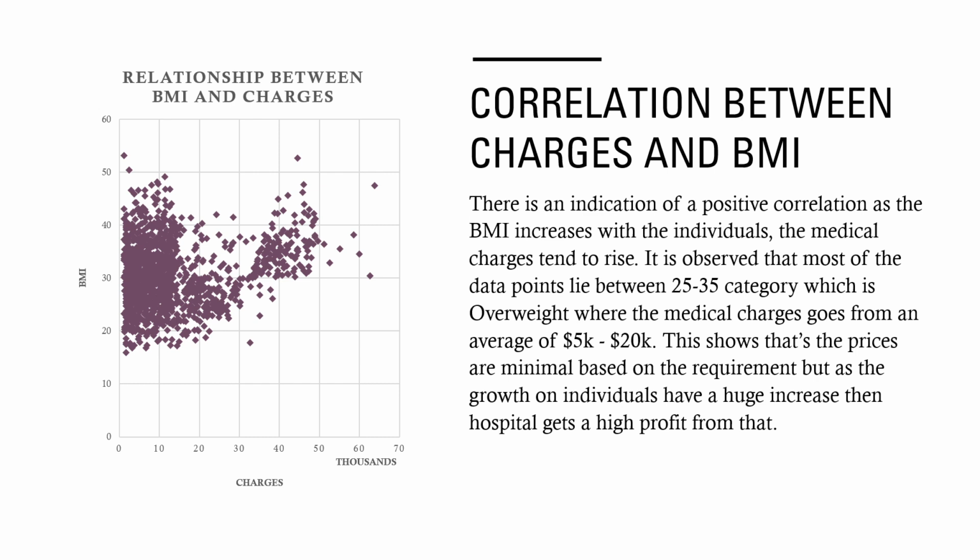Correlation between charges and BMI: we can see an indication of a positive correlation towards 0 to 30 of the charges, and after that there are a few more outliers and it is sparsely populated.